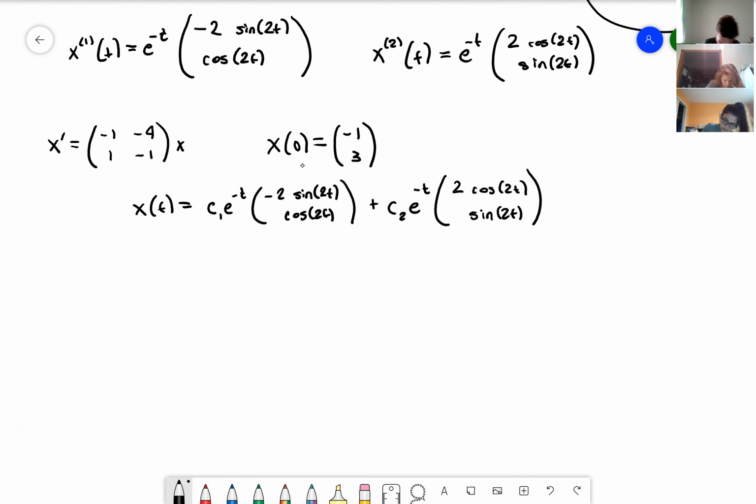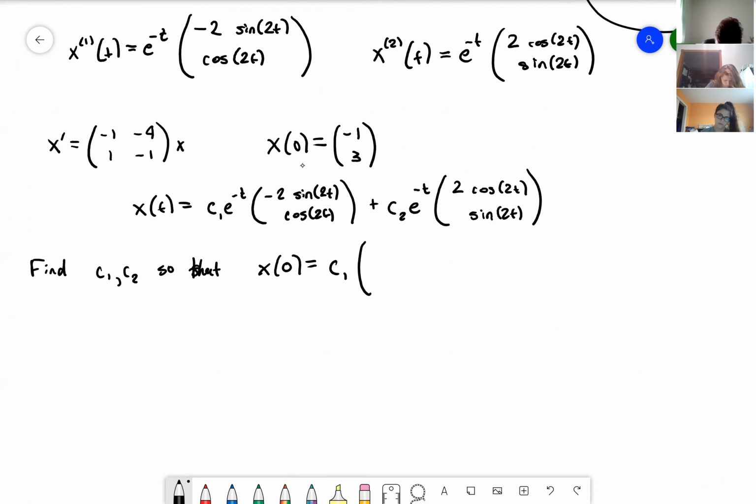So what we're trying to do is find C1, C2, so that x of 0 is equal to, which is C1 times e to the minus 0, so that's just 1, minus 2 times sine of 0, which is 0.